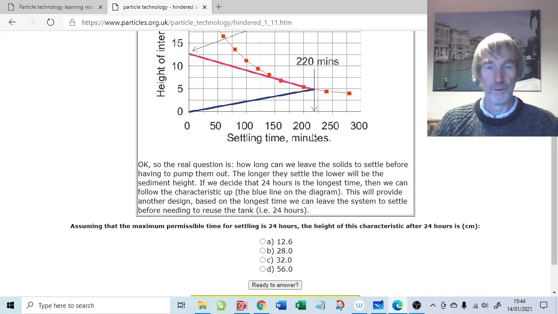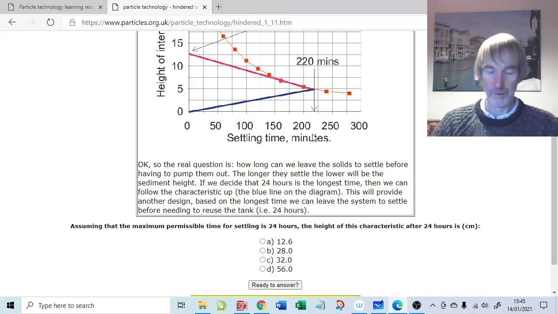24 hours is 24 hours times by 60. Okay, and then if we divide that by 220, that gives us a value of 6.5 times what we had originally calculated the height to be, which was about 5 centimeters.